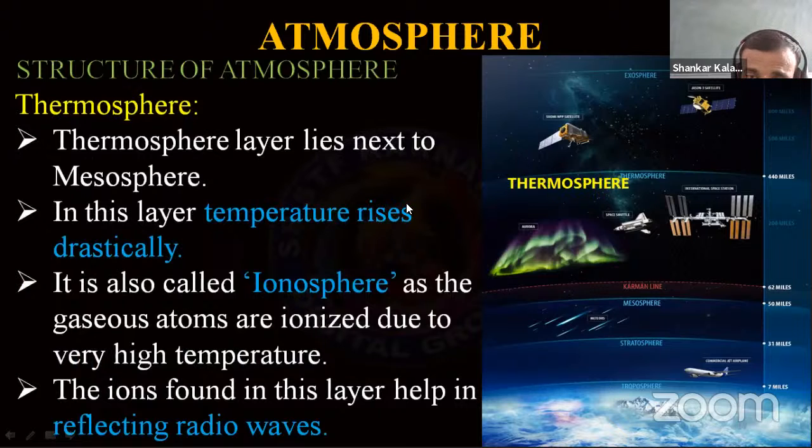The fourth important layer is the thermosphere. It lies next to the mesosphere, between the mesosphere and the exosphere. In this layer, temperature rises drastically. Drastically means heavily.